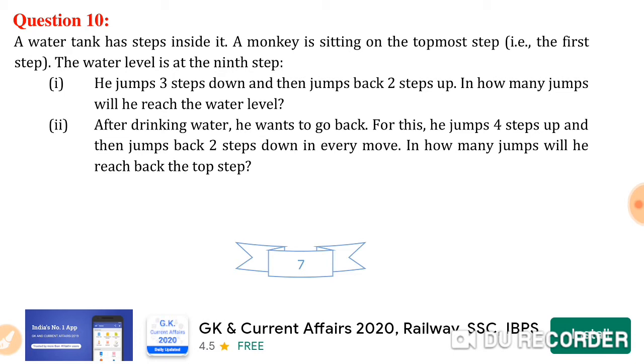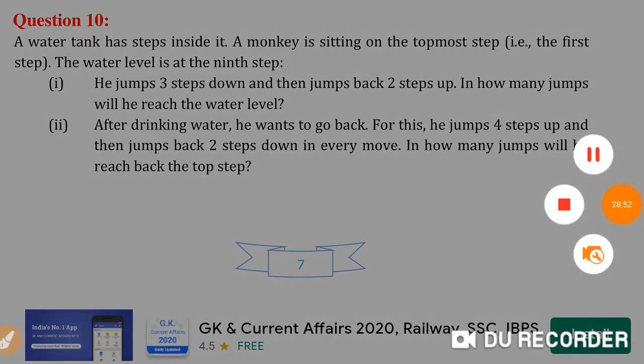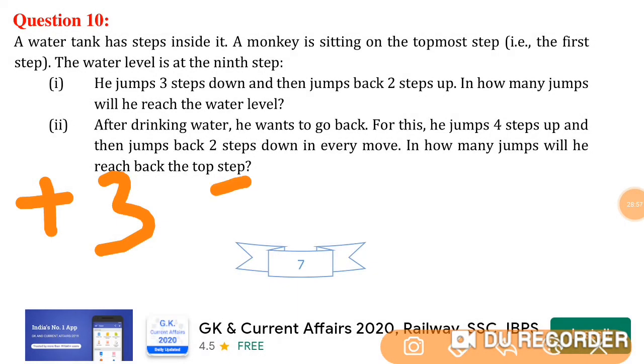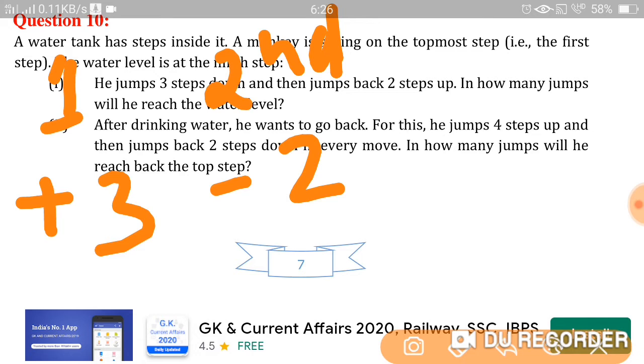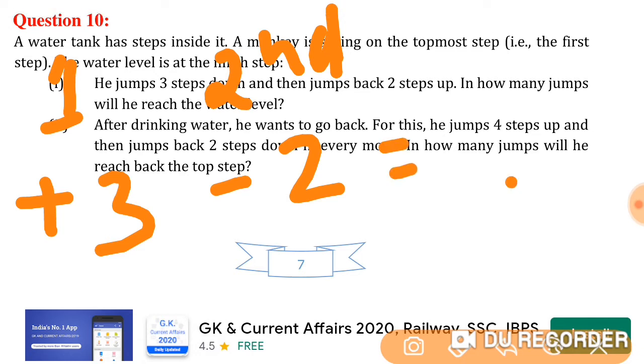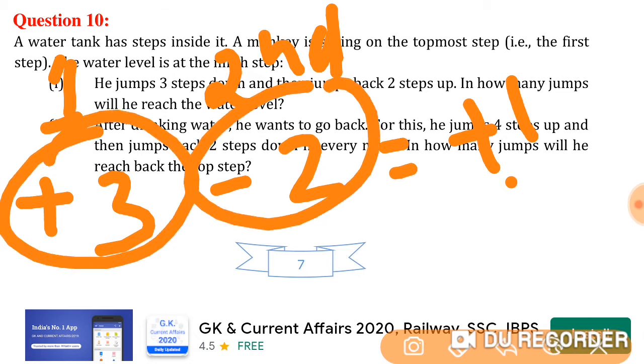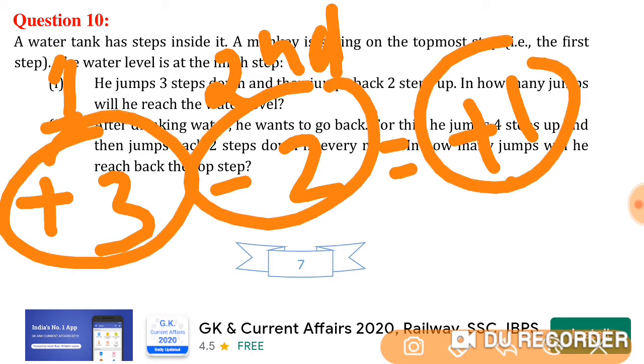So first see the question of the first one. He jumps 3 steps down, so that we can consider as positive. Going back in the sense negative. Okay. This is the first jump. It is the second jump. Like this you can also consider. Okay. What is the answer? 3 minus 2 plus 1. Again it comes in. These are the positions. Keep it in mind: minus 2, plus 1, plus 3, plus 1.